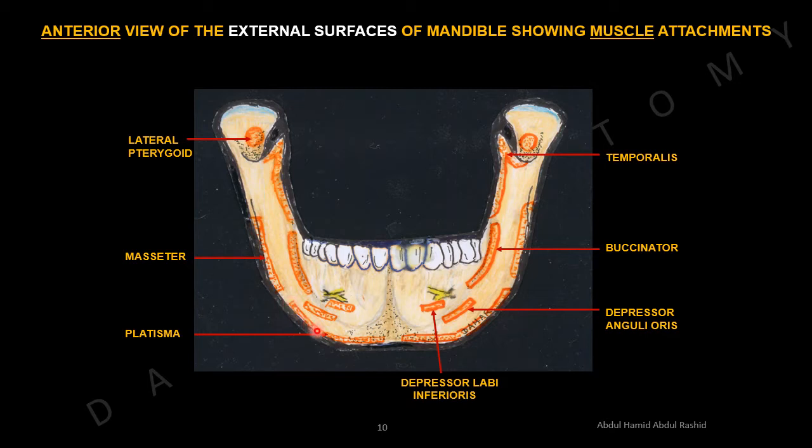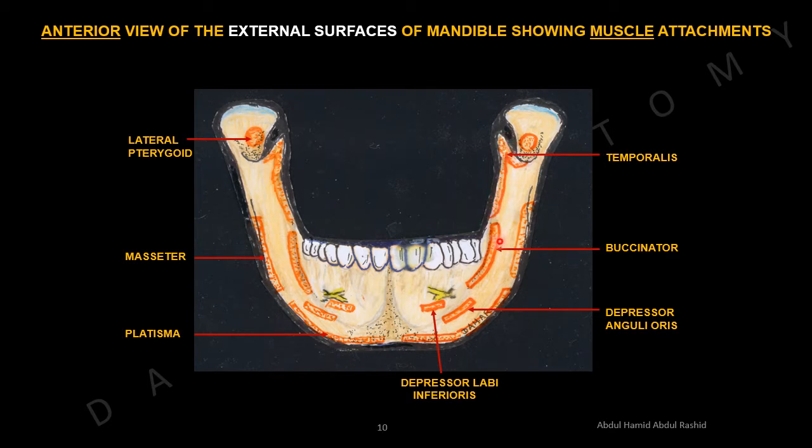Along the lower margin of the body is the platysma muscle, a very thin muscle, one of the muscles of facial expression, coming down from the face up to the upper part of the chest. And this is the coronoid process, attached by the temporalis muscle, as we have already mentioned.